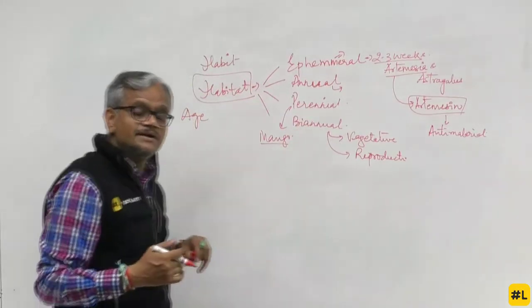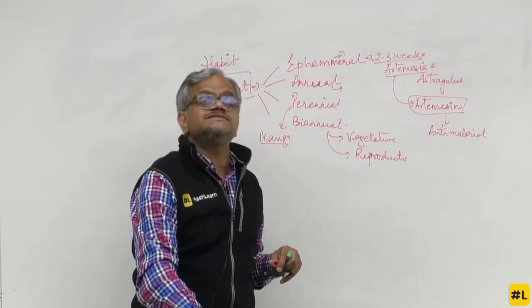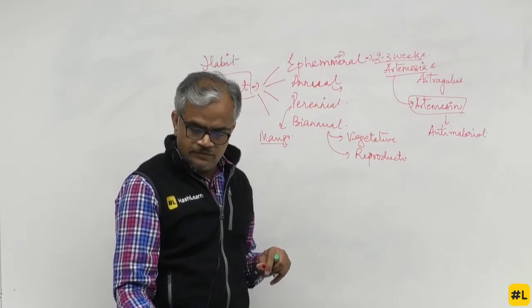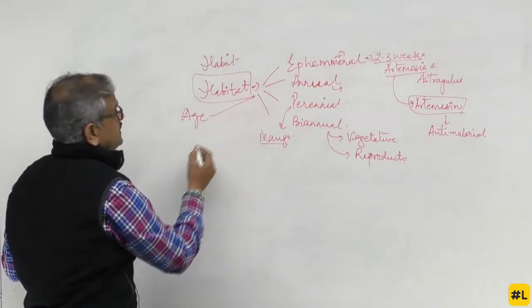When I say habit, the most important thing you should always remember is that these plants have been classified based on which categories they belong to with respect to habit. This is with respect to age.